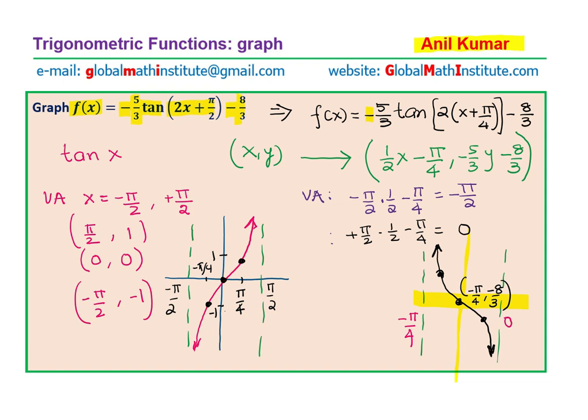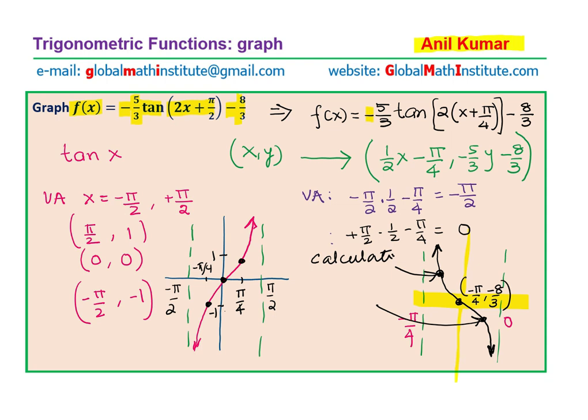So the x and y values you can calculate from here, right? So I'd like you to calculate these points. Is that okay? Once you calculate, you have an accurate graph right there for you. But I've already shown you how it is going to look.